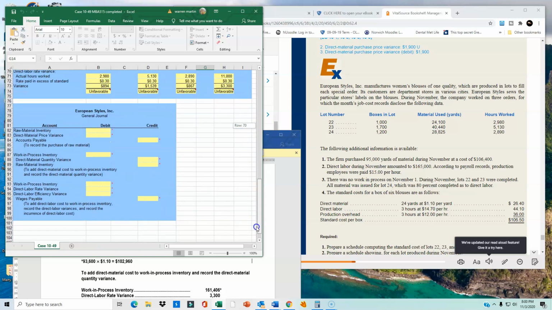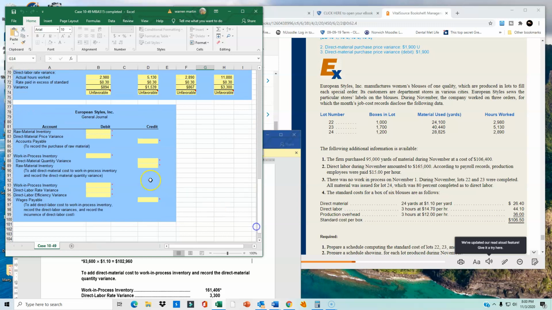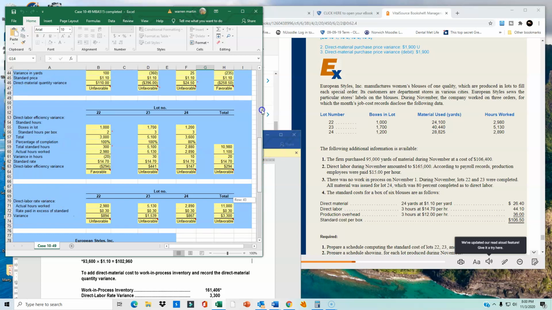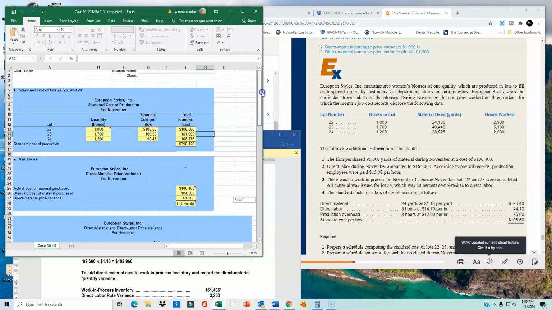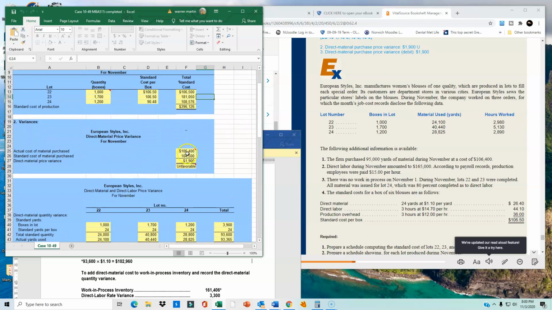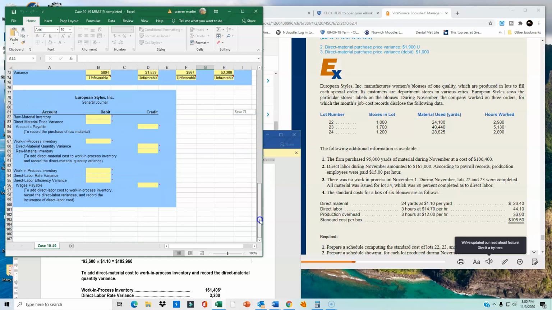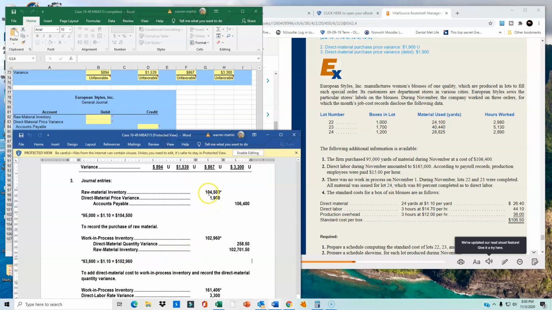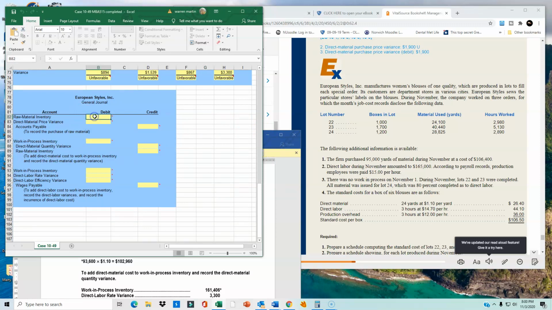And then down here again, we want the direct price cost, and that was the 106,400, the actual cost. And again, that's where we get those numbers from. Let me plug that in real quick.